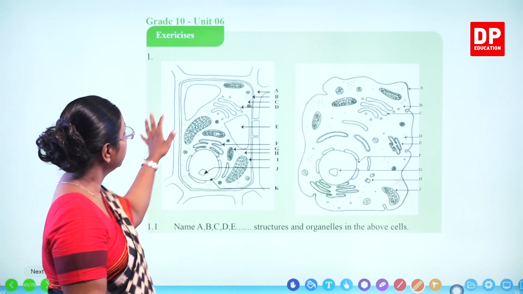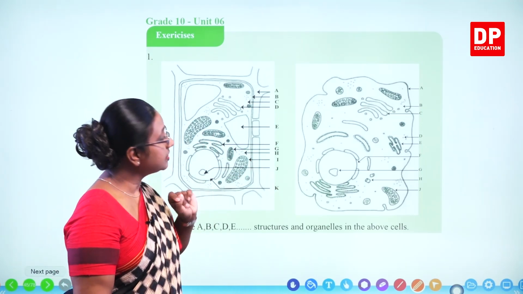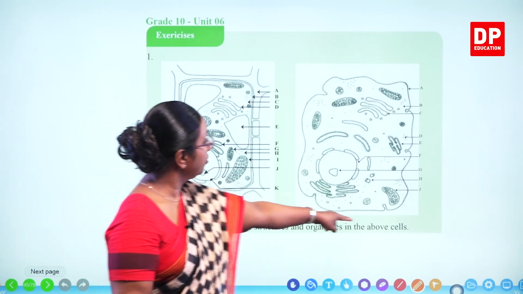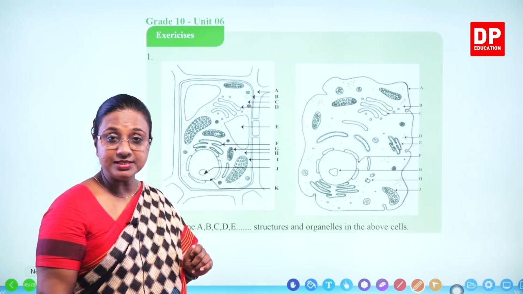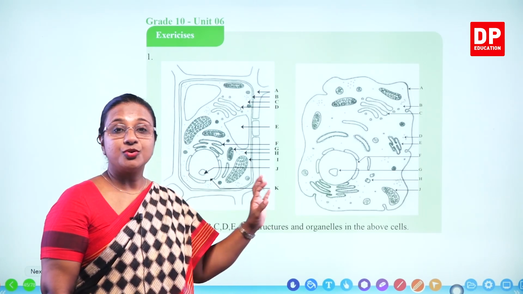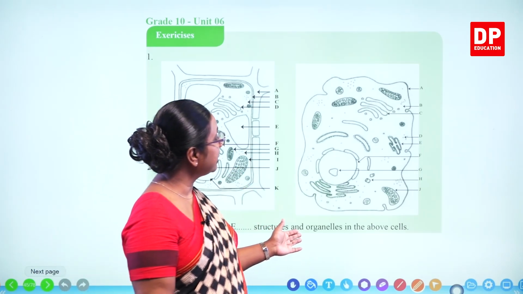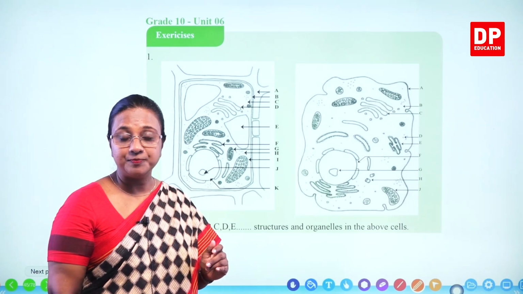So you know this is a plant cell. And in this picture, you can see only one boundary or one layer around the cell. That is the cell membrane. So from that, you can easily identify this is an animal cell.